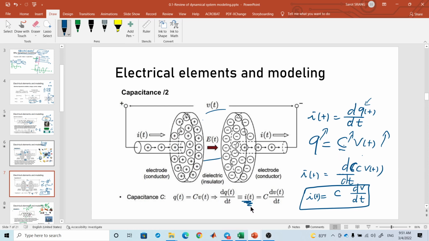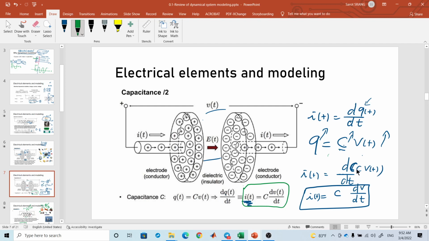So therefore, the relationship between current and voltage is like this, because current is the time derivative of charge. Then the relationship between current and voltage is like this. Very simple.